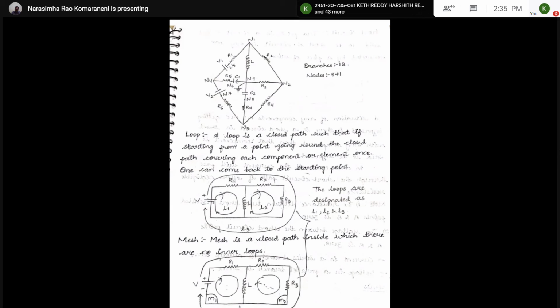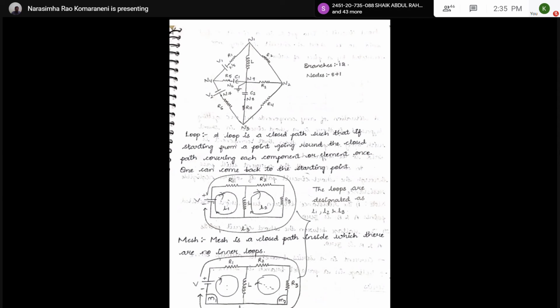The difference is, in a mesh there are no inner loops, whereas loops may have inner loops also. For example, in the first diagram, this loop has two inner loops inside it. That's why these two inner loops we cannot call meshes.